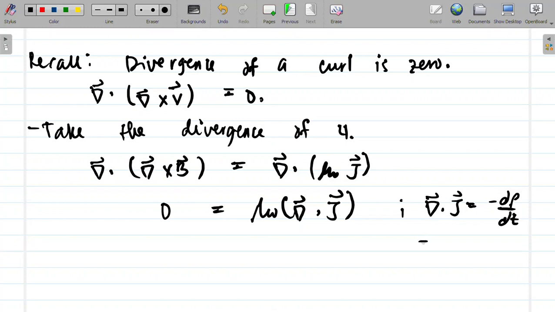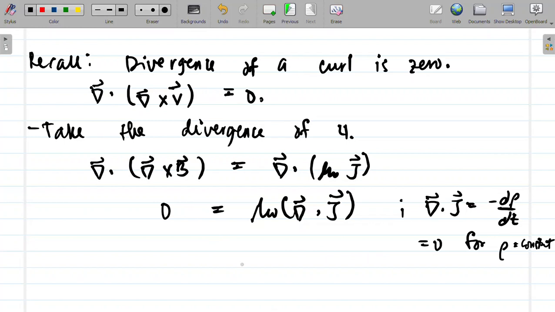That is 0 only for rho equals constant. In magnetostatics, the charge density along the wire is not changing. That is constant. Therefore, del dot J equals 0 works only if we are talking about magnetostatics. That is for steady currents.